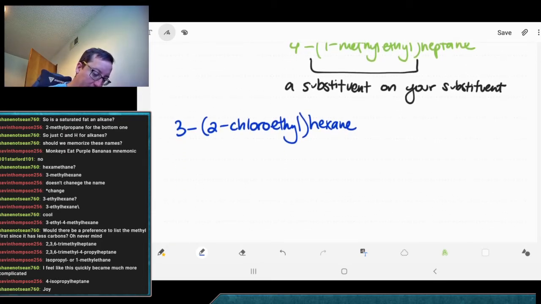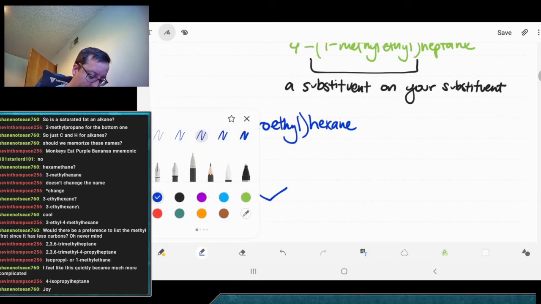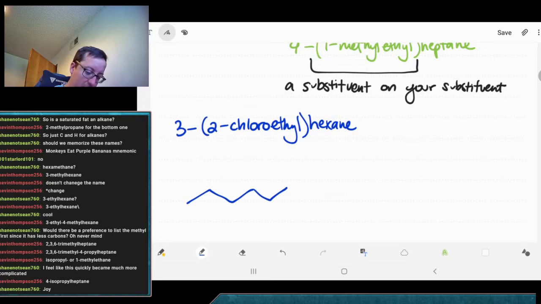So, if you draw this, going from name to structure is easier. We're gonna see, because you can number it from whichever side because you already know what you're gonna do. So hexane, 1, 2, 3, 4, 5, 6. On carbon 3, we have a chlorine on the second carbon of an ethyl group. So let's draw the ethyl group first.